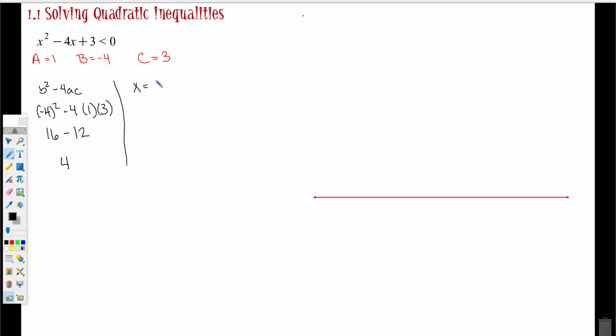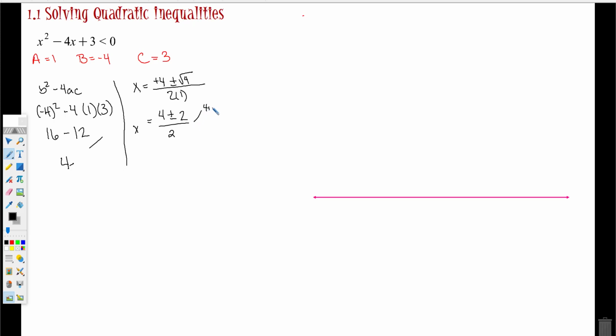X is equal to -b, so positive 4, plus or minus the square root of 4 from here, all over 2 times 1, which is 2. So 4 plus or minus 2 divided by 2.